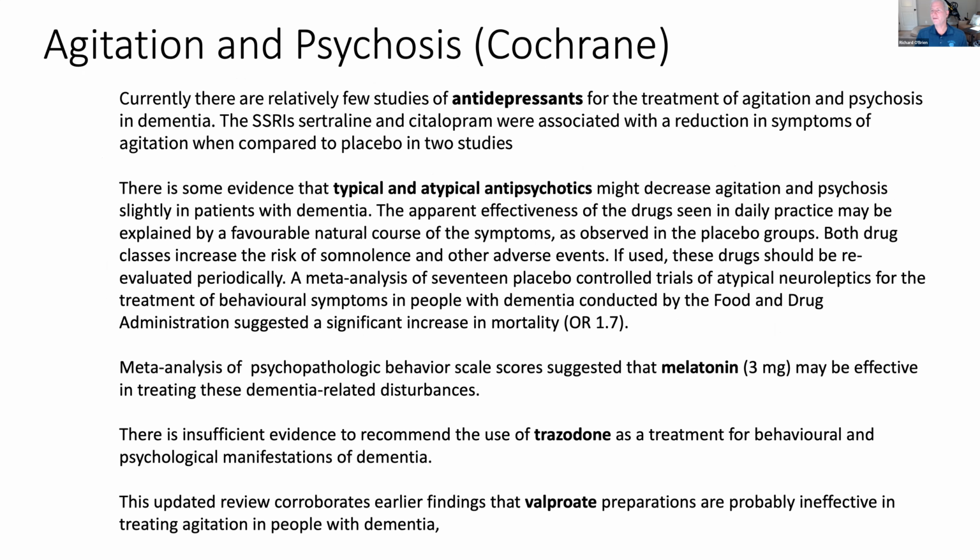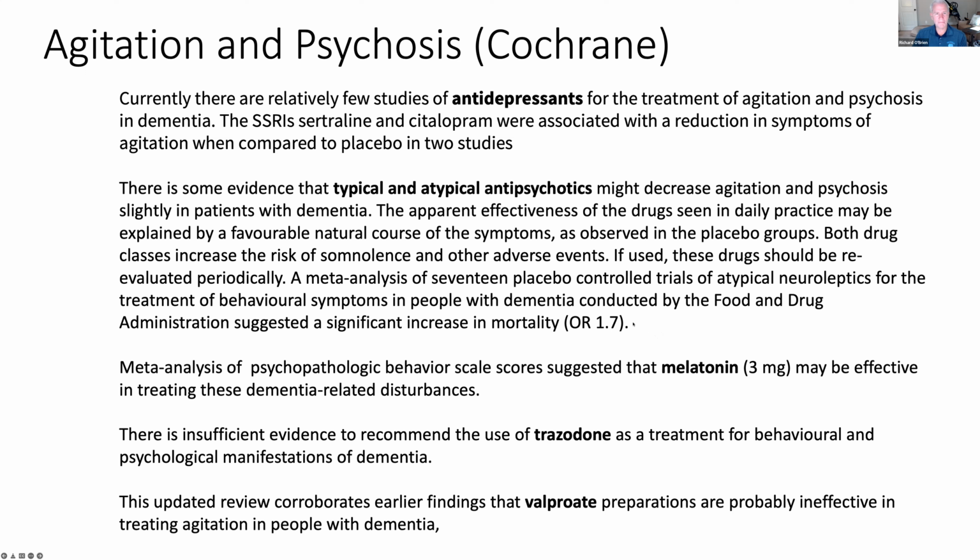For agitation and psychosis, Cochrane actually says, well, sertraline and citalopram are associated with mild reduction. So you could use them for this, which we do. Like everyone, Cochrane takes a shot at typical and atypical antipsychotics, both because it increases the rate of death and side effects. But I will tell you, in clinic, we use these quite frequently too, because when a patient's having a severe behavioral manifestation, there's nothing else available.